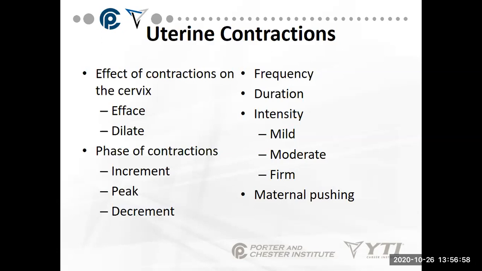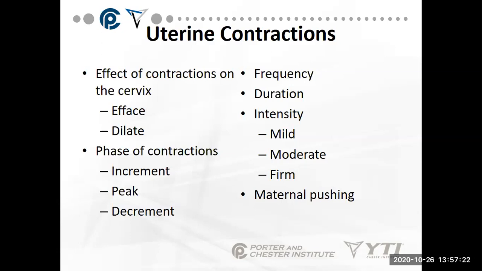Then you have the interval. The interval is the amount of time the uterus relaxes between contractions. The blood flow from the mother into the placenta gradually decreases during contraction, and then it resumes during each interval.